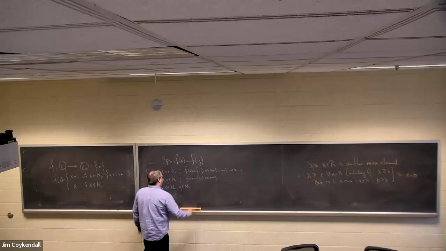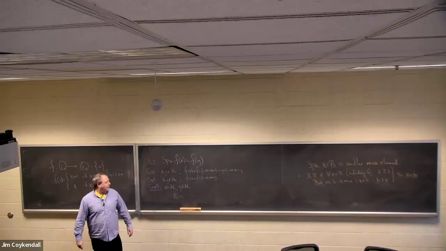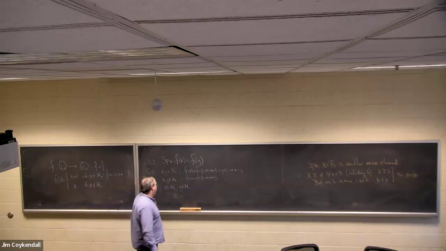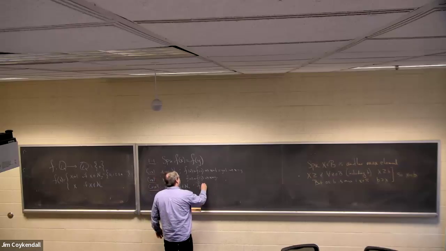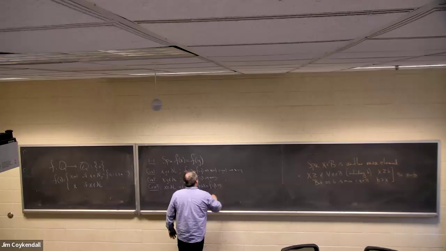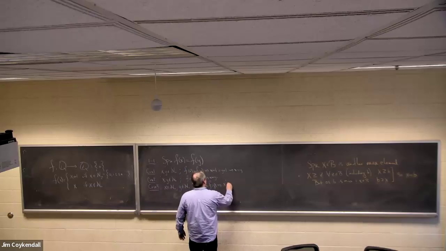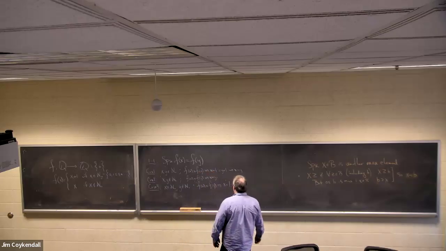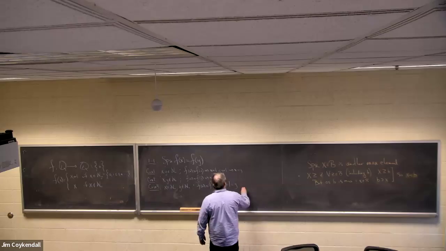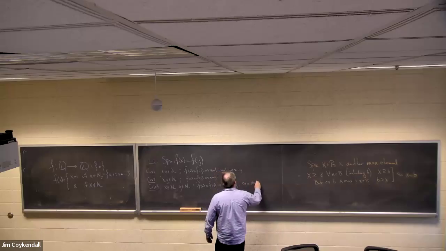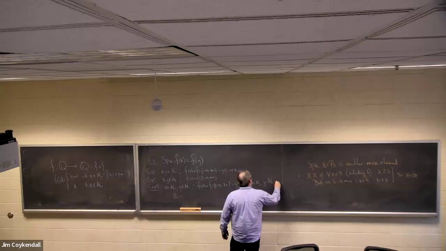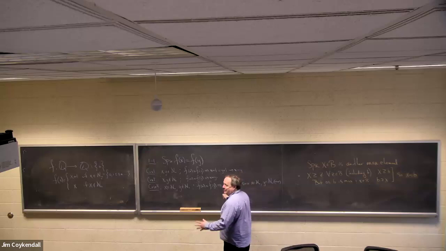Then f(x) equals f(y) implies x plus 1 equals y. Since x is in the naturals, y is in the naturals, which is a contradiction. So this case can't happen at all.